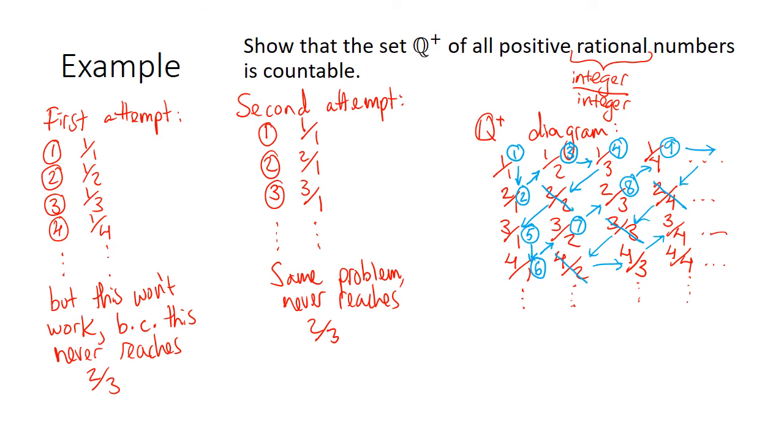I hope this makes sense to you guys. So my list ends up being: 1 is 1 over 1, 2 is 2 over 1, 3 is 1 over 2, 4 is 1 over 3, and so on. I hope you can see that by doing it in this fashion, I will eventually reach every rational number.